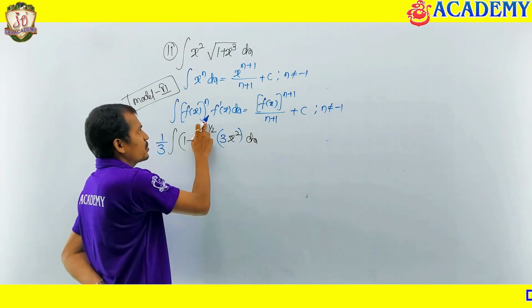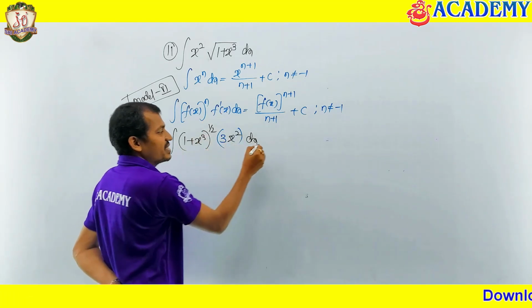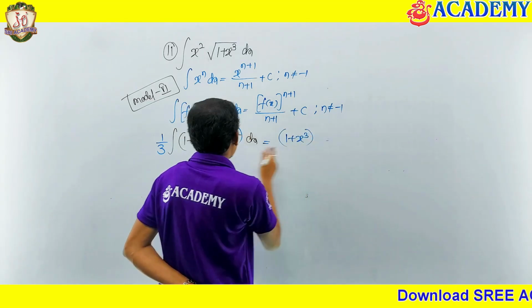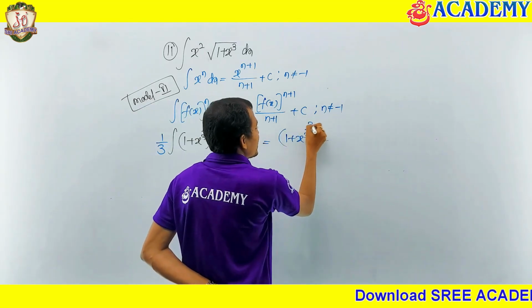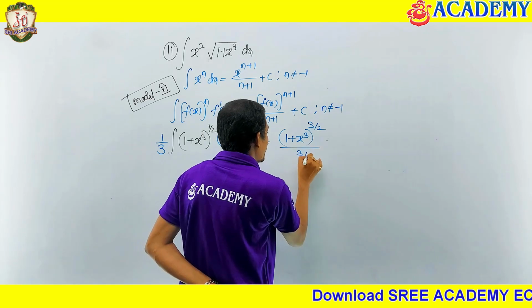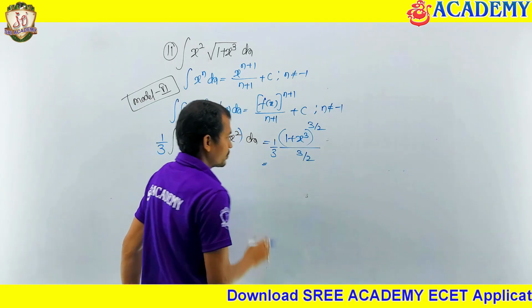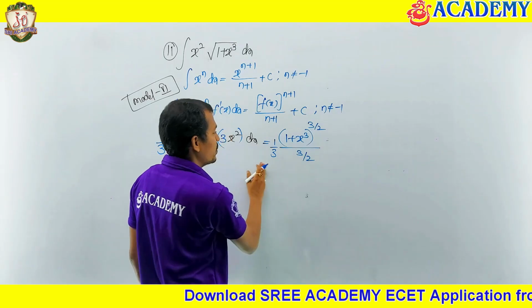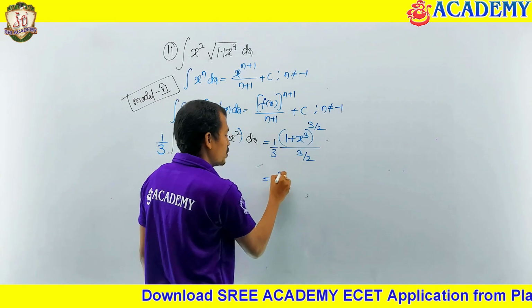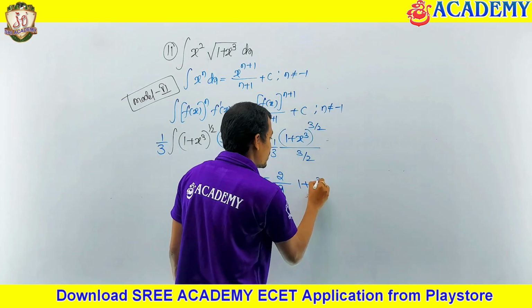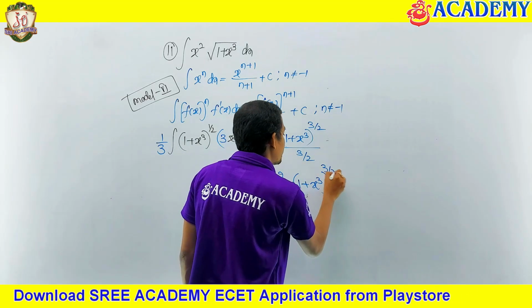Now f of x whole power n into f dash of x is there. We can write f of x whole to the power of n plus 1, that is 1 by 2 plus 1, 3 by 2, divided by 3 by 2. But we have 1 by 3 outside, so 1 by 3 into the reciprocal, 2 by 3. Already 3 is there, 3 into 3 is 9. The answer is 2 by 9 into 1 plus x cube whole to the power of 3 by 2 plus c.